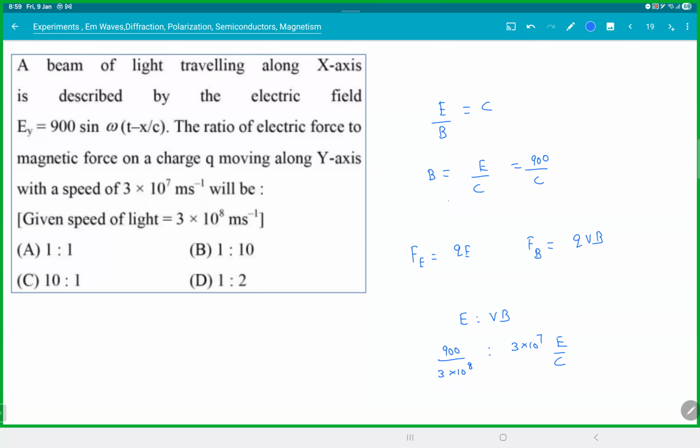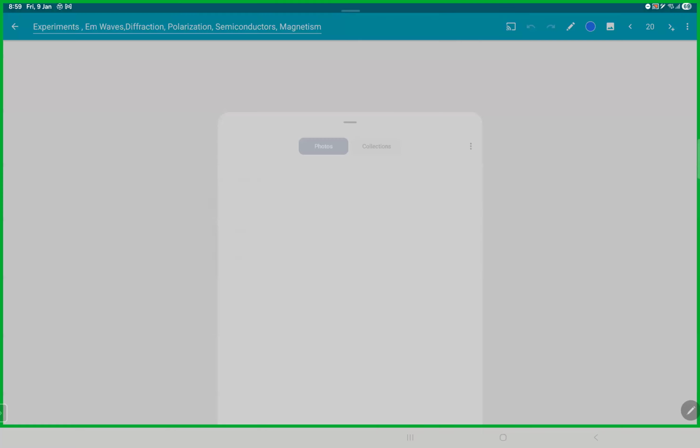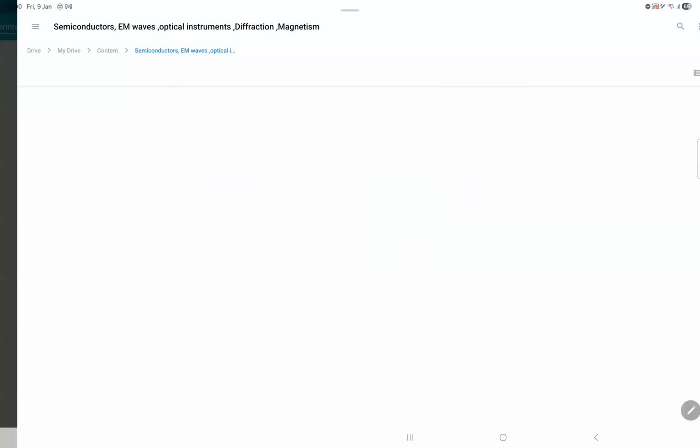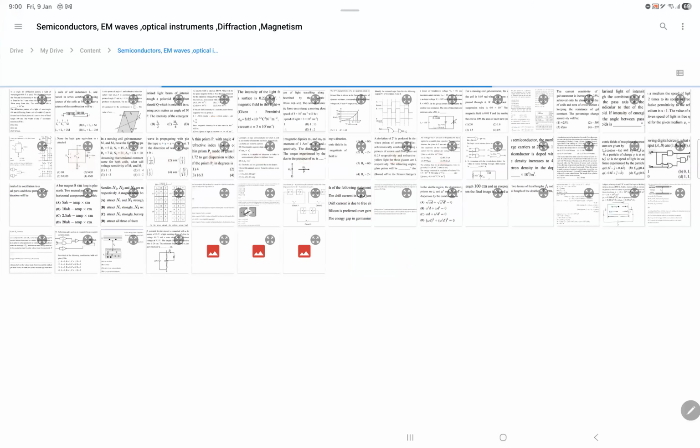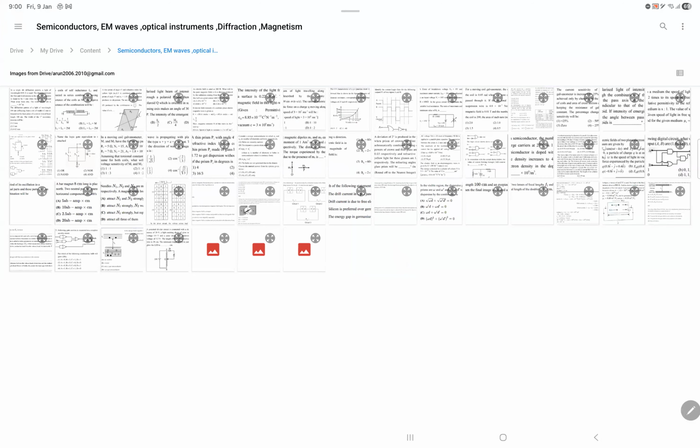So E will cancel, C will cancel. This is 3 into 10 power 8. Perfect. 900 goes off. I got 10:1. Clear. So it actually depends on the speed. They won't be equal.